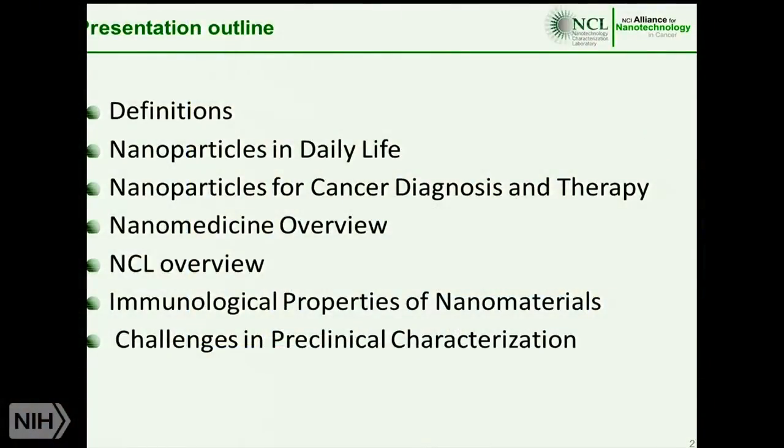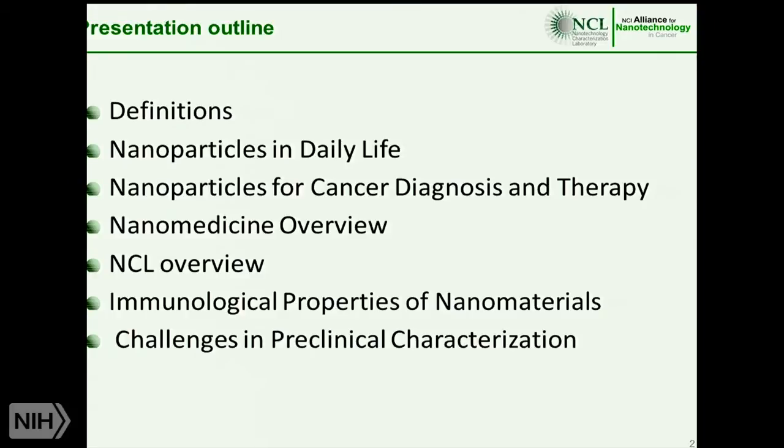I will talk about immunological properties of nanomaterials, and in the beginning, I will start by overviewing the definitions. We'll talk about what nanotechnology is, what nanomedicine is. We'll talk about examples of nanoparticle use in daily life. We'll see what nanoparticles can offer for cancer diagnosis and therapy, because this is of special interest to this lecture series. I will give you an overview of nanomedicines.